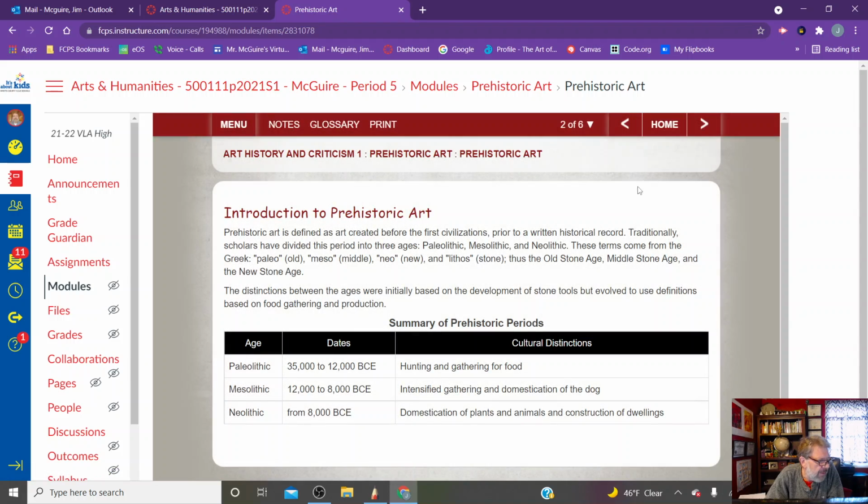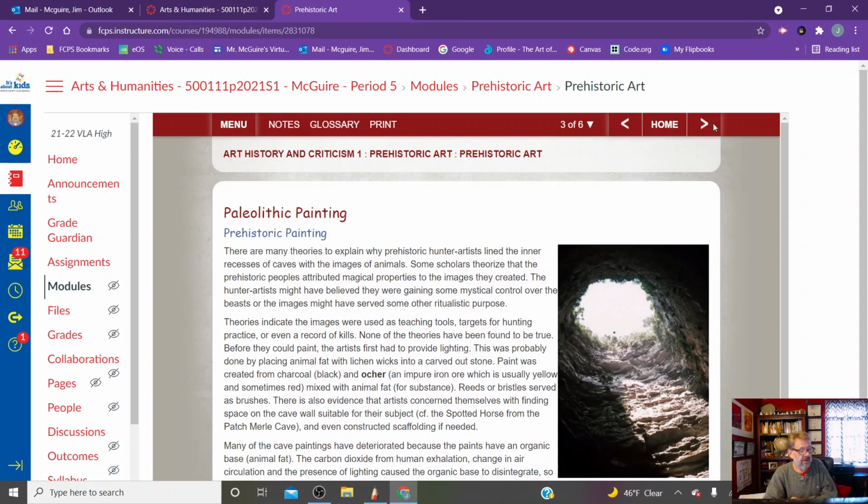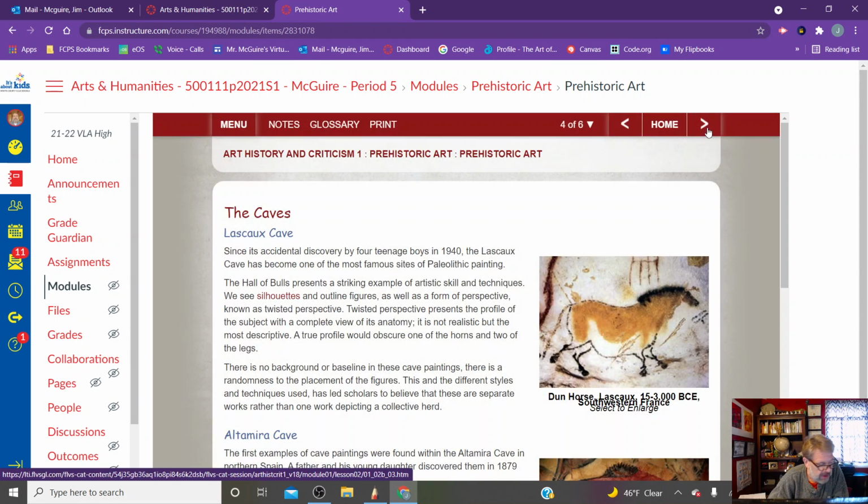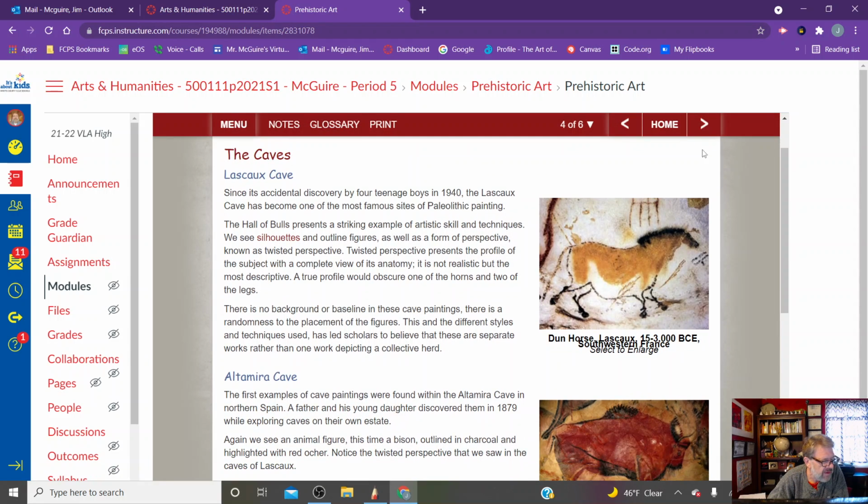to. When we're looking at the prehistoric period, the things you're going to be looking for most are those caves of Lascaux, understanding those cave paintings. You want to know a little bit about what the materials, the media they used, and sort of why they were done in those caves.